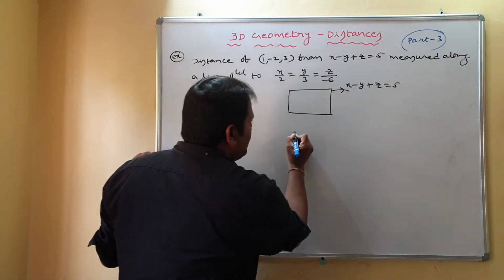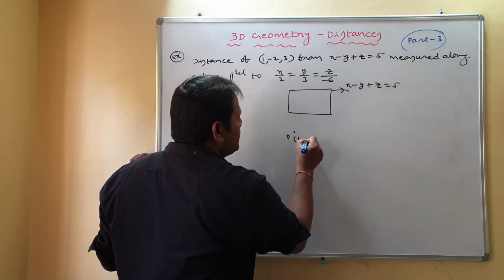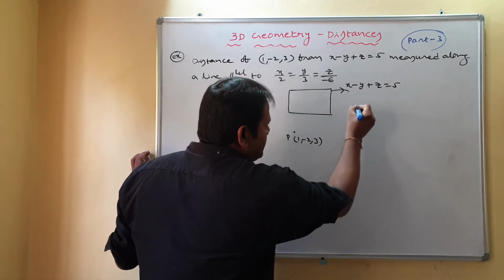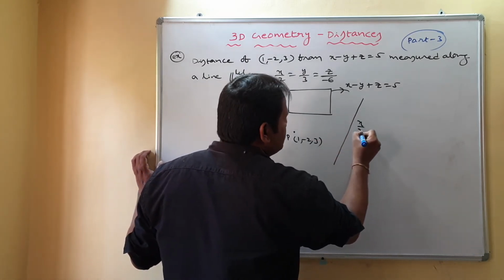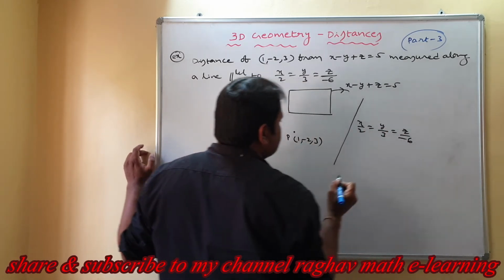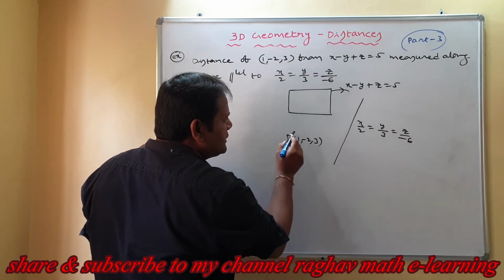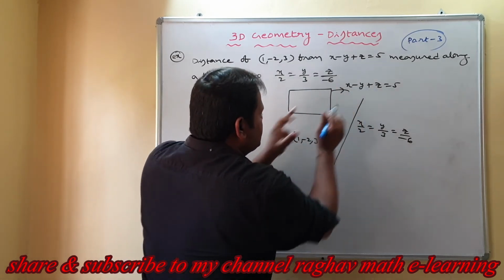A point is given. That point is P, 1, minus 2, 3. A line is given. So this line is x by 2 equal to y by 3 equal to z by minus 6. Now you have to find the distance from P to this plane measured parallel to this line.